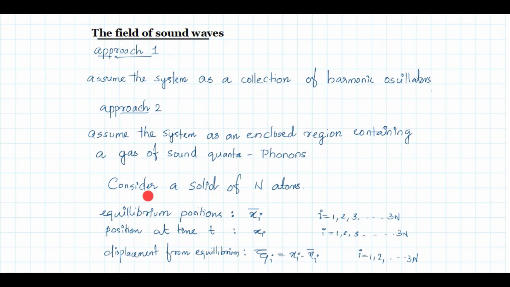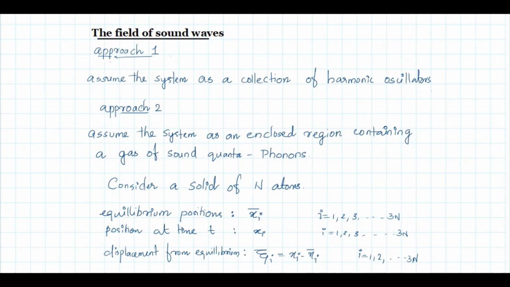Okay, now consider a solid of n atoms. Suppose the equilibrium positions of the atoms are denoted as xi bar, and this i can take values 1, 2, 3 up to 3n, because for each of the atom in three-dimensional space, we will have 3 coordinates. So for n atoms, there will be 3n coordinates.